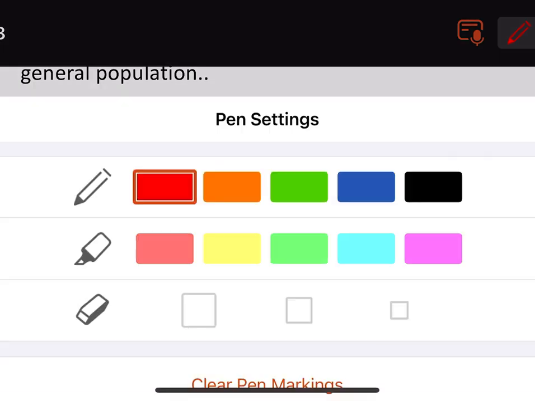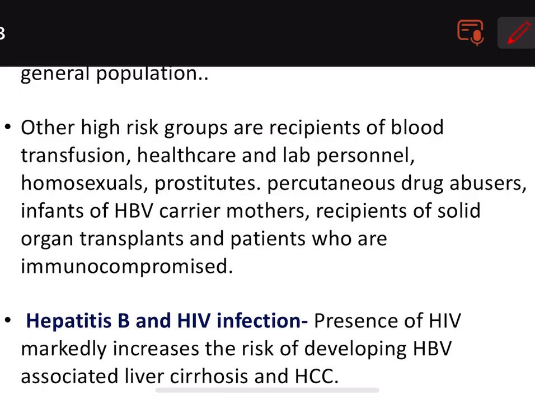The patient will already be immunocompromised, so the mortality rate will be increased among the HIV positive people, because there is a co-infection with the hepatitis B virus. Both hepatitis B virus and HIV can be contracted in the same individual, and this increases the risk of liver cirrhosis and hepatocellular carcinoma.